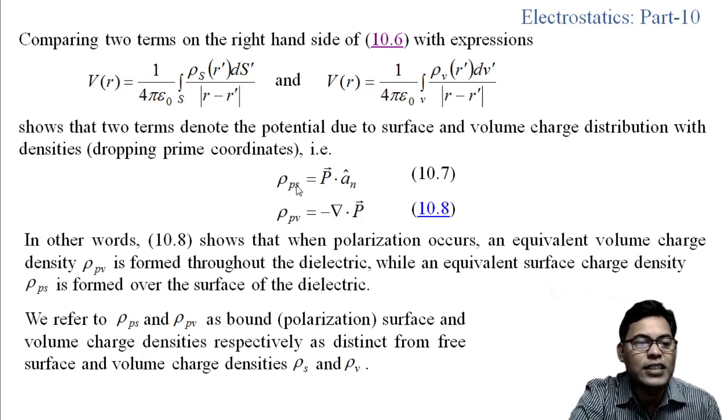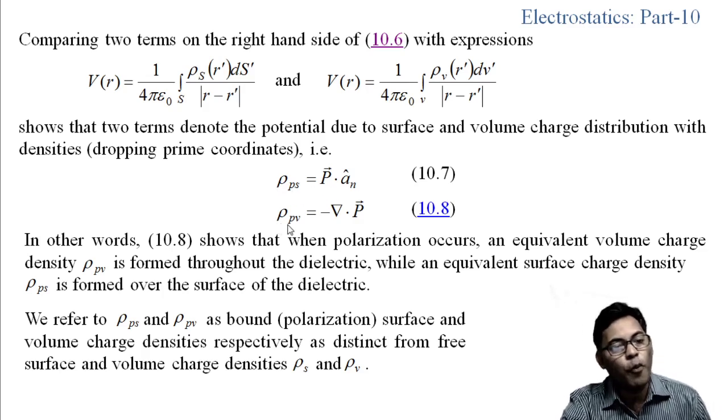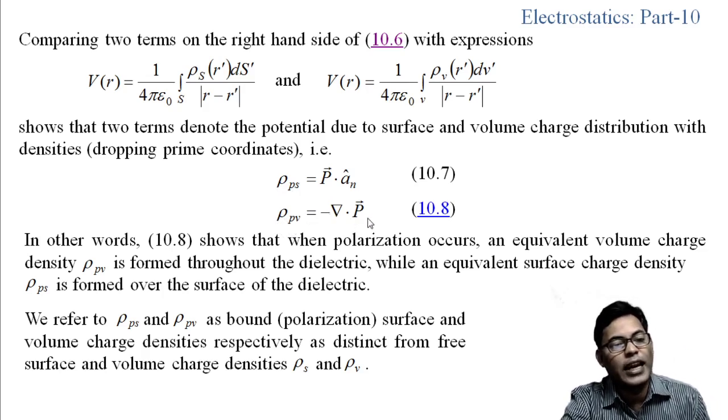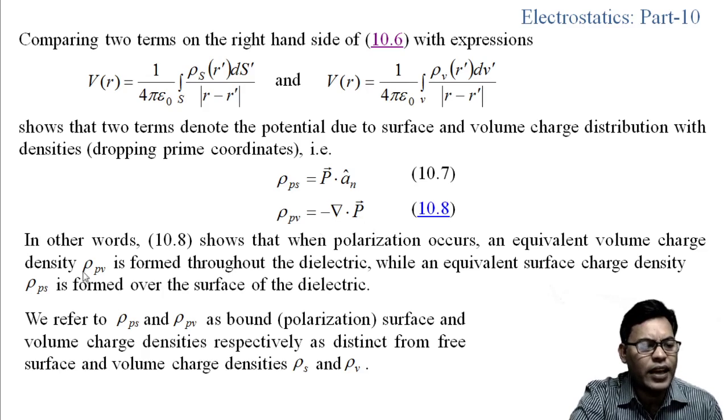That is why rho ps is the bound surface charge density, which equals P dot an, and rho pv shows the bound volume charge density, which equals minus del dot P. And it is written here, in other words, expression 10.8 shows that when polarization occurs, an equivalent volume charge density rho pv is formed throughout the dielectric, while an equivalent surface charge density rho ps is formed over the surface of the dielectric.